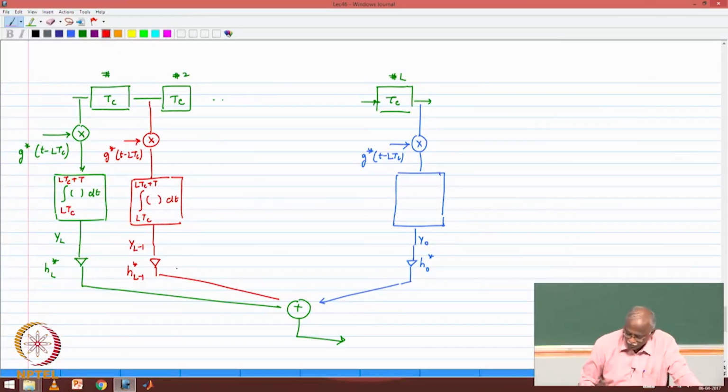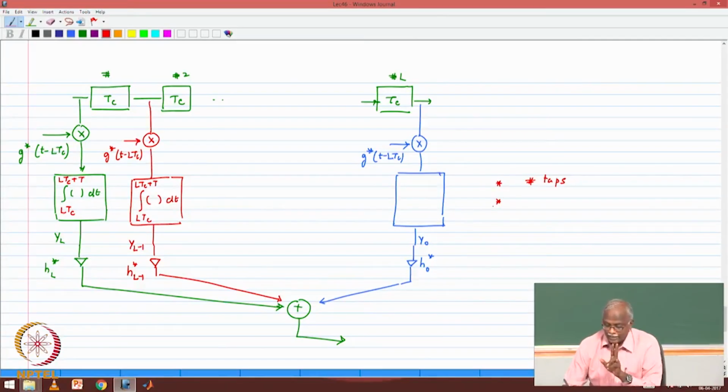So now the claim is that this structure is optimum for dealing with the multipath environment that we have just described. What are the things to keep in mind? One is the number of taps that are present. It is L plus 1, same as the number of taps of the channel. Second is the delay of G star.